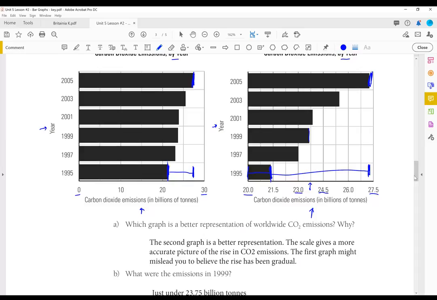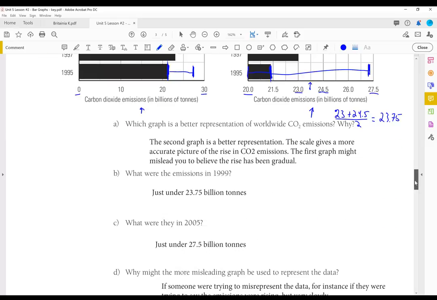And to find that number, you can average 23 and 24 and a half, which means I can take 23, add 24 and a half, and then divide that whole thing by 2. Okay, we will get 23.75. And so this bar represents 23.75. And so in 1999, I'm just below, my answer would be just under 23.75 billion tons.